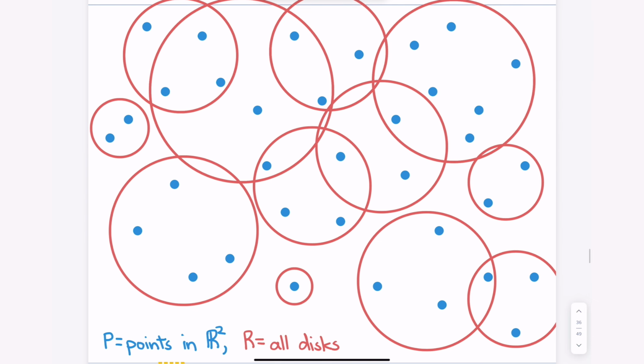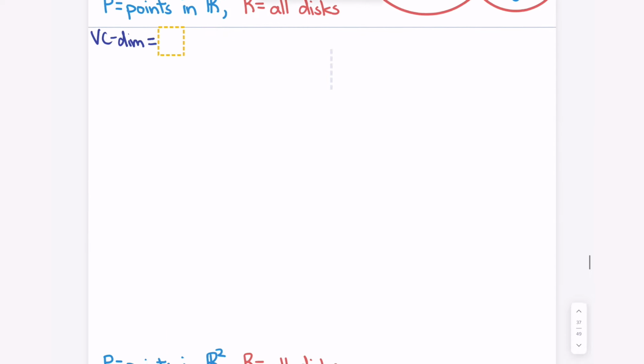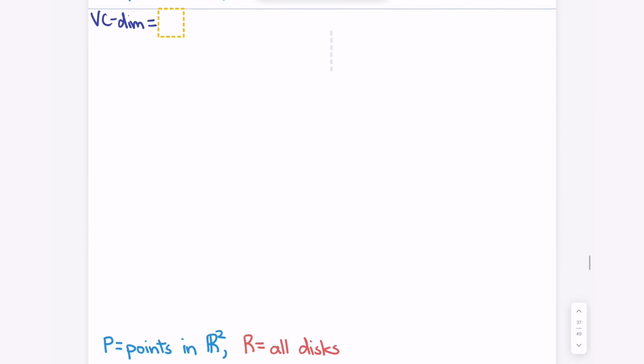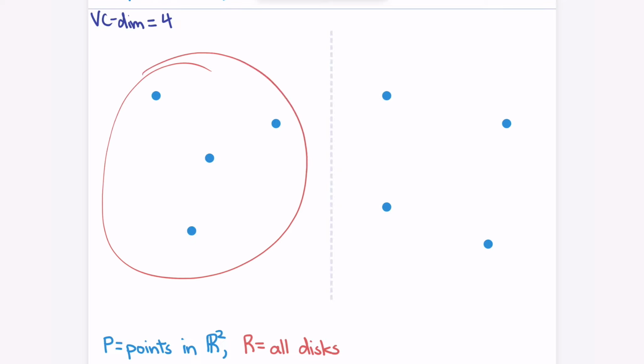Okay. Points and disks in the plane. Anyone want to guess and get it right up to plus or minus 1? Okay, I got 4. I think it's actually the smallest you can't shatter, because it's very hard to shatter these 4 points.